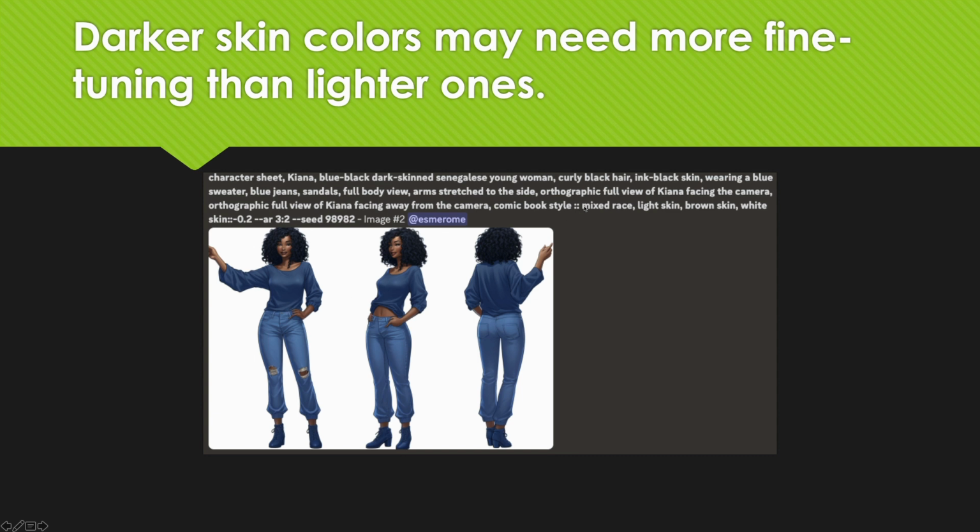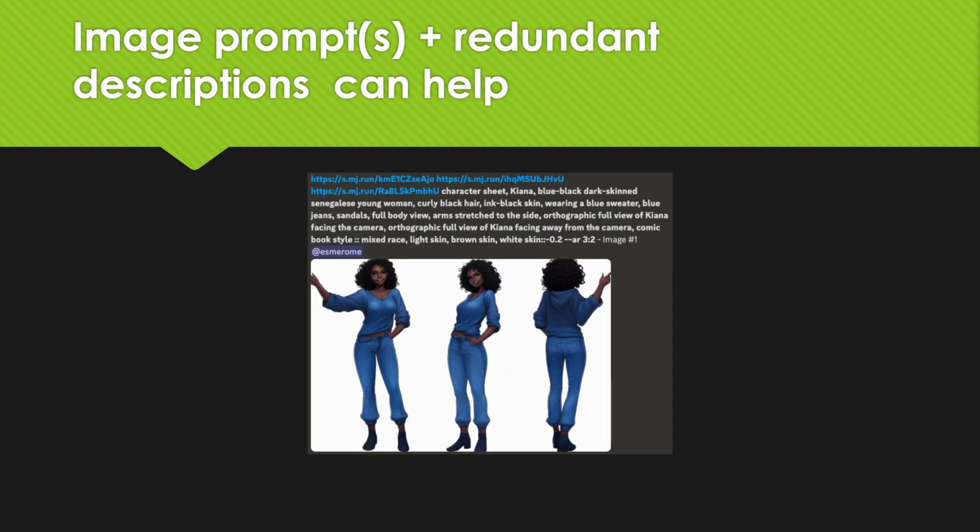And then we have a negative prompt for mixed race, light skin, brown skin, white skin. That is a slight negative prompt, negative 0.2. But that is how we were able to get this picture of this woman to look like she has the darker skin color. So it's unfortunate, but that's how you get the result that you want.